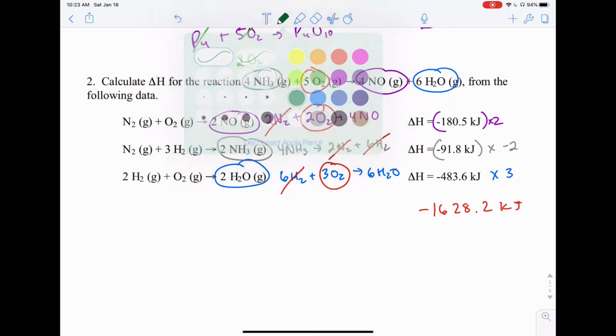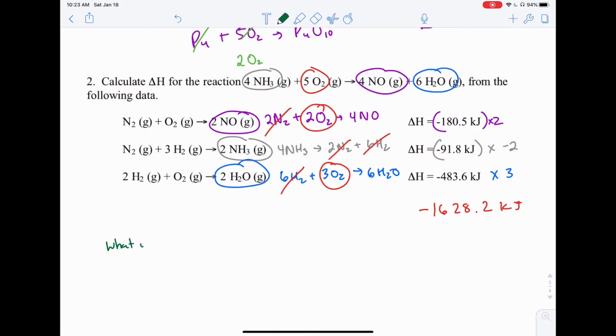The conceptual thing they like to ask is, what would happen to the value of delta H if, sorry, let me correct that, if H2O liquid was produced instead. So in this reaction, delta H is based on the production of gaseous water.